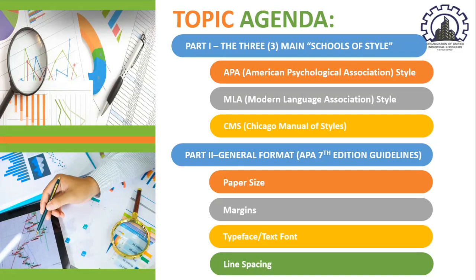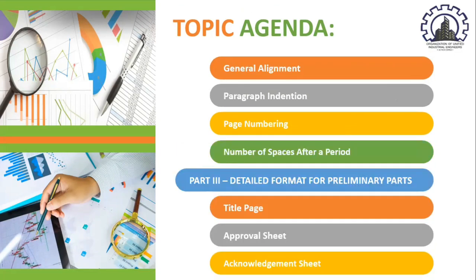The general format under APA 7th edition guidelines includes paper size, margins, typeface or type font, line spacing. We also have general alignment, paragraph indention, page numbering, and number of spaces after a period.